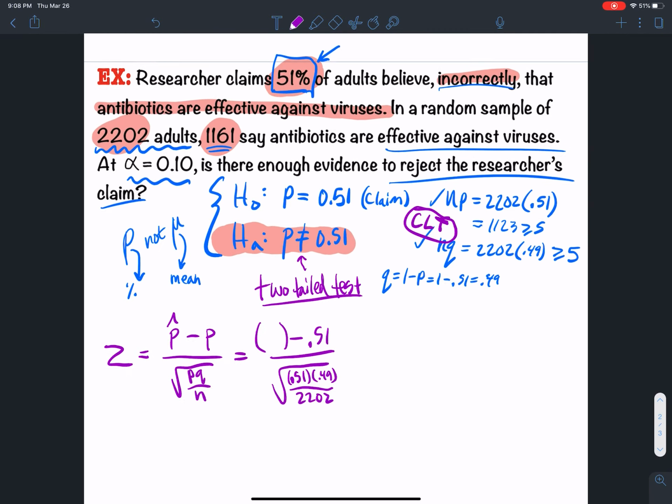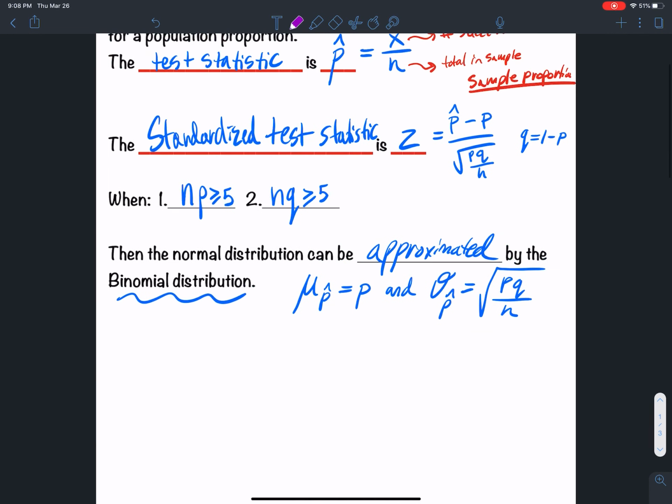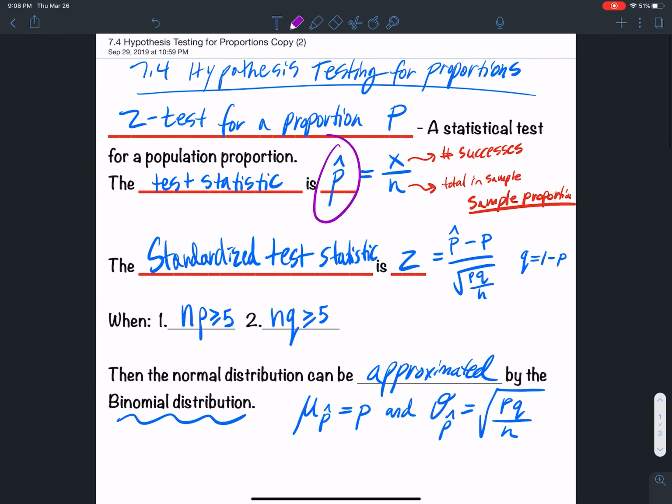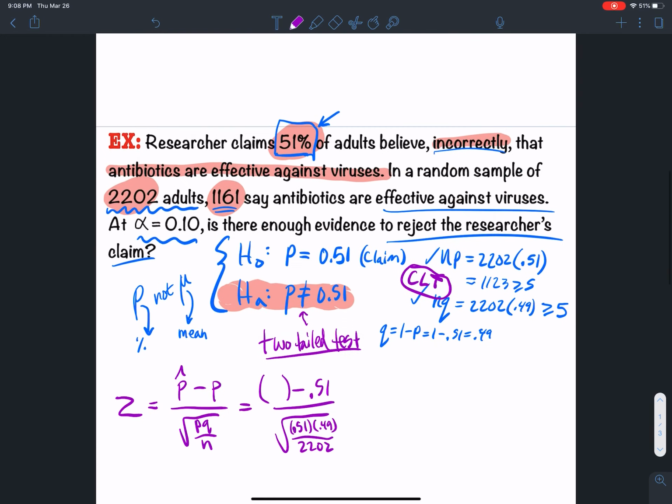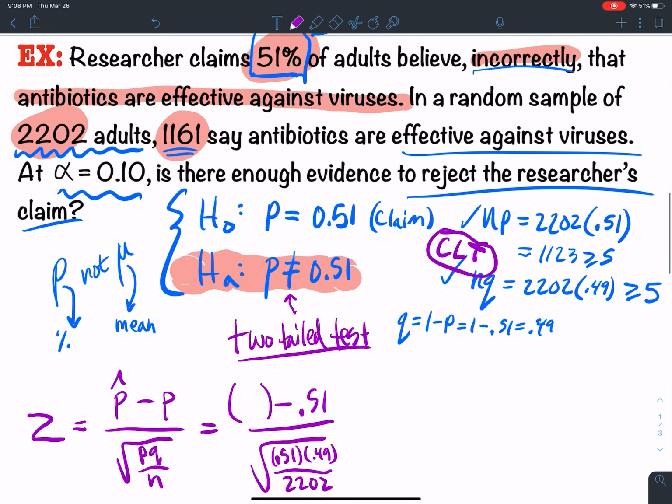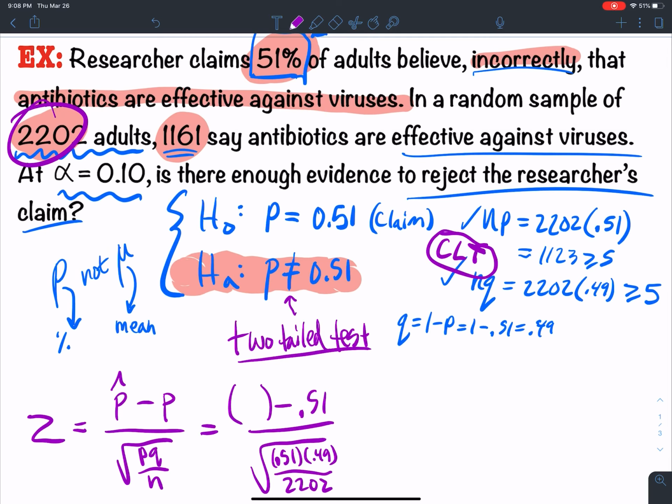How do I get p hat? p hat is the sample proportion, right? What did our sample say? Our sample said I went out and asked 2,202 people, and 1161 said, yeah, antibiotics do work against viruses. So p hat is 1161, the number of successes, over 2202.